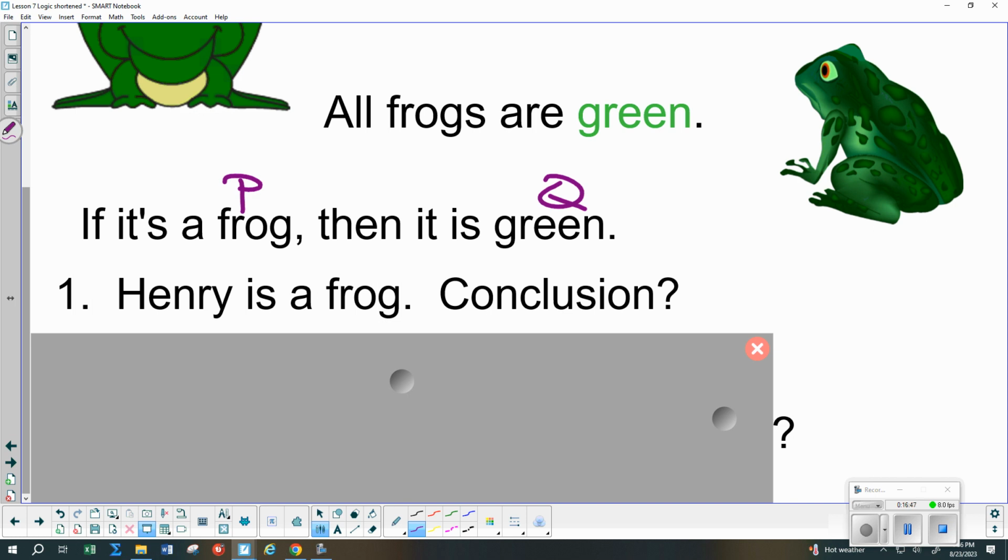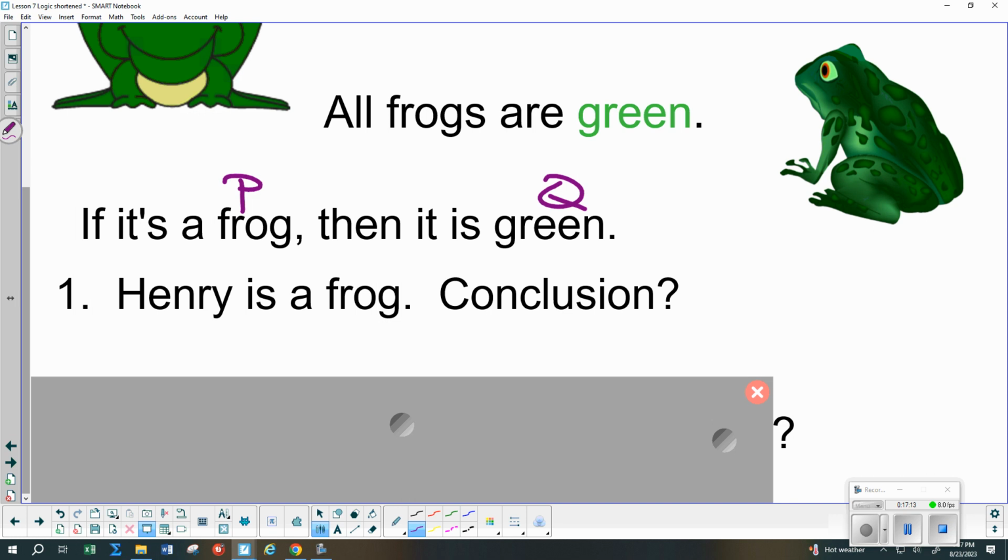Nitsa, what do you think? If P's a frog, Q's green, Henry being a frog, is that P or Q, not P or not Q? So that is P. So what would a valid conclusion have to match? P, Q, not P, not Q. Everybody. It would have to match Q. So how would we write that in words to match the Q? Anugia? Say a little louder. So therefore, Henry is green.